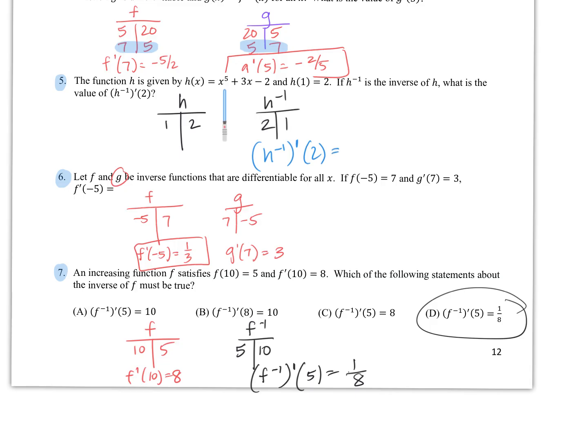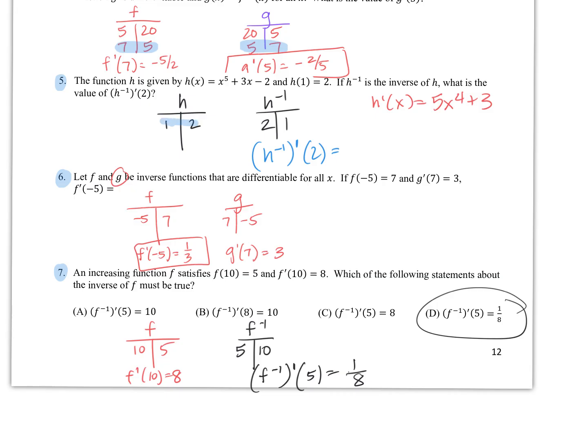Well, I don't know what the inverse of this is. But could I go find h prime of what? At 1, right? And take its reciprocal. Let's go find h prime of x first. To Campbell's point, we have to do it with respect to x first. h prime of x. If h was x to the 5th plus 3x minus 2, h prime? Yes, ma'am. 5x to the 4th plus 3.